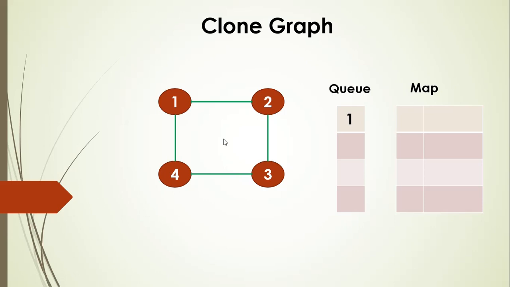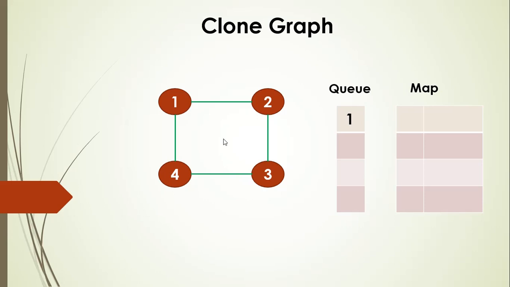For BFS generally we need a queue to track the nodes that we need to process further. Initially we will start with the first node, that is node number 1. So that will be in our queue. We are also maintaining one map here, because when we create nodes, let's say node 1 has neighbors 2 and 4, and node 3 also has neighbor 4.